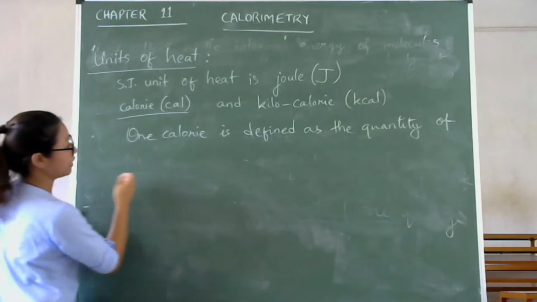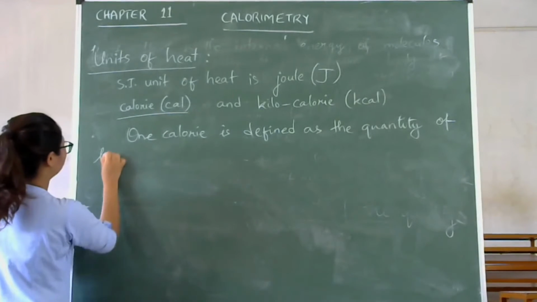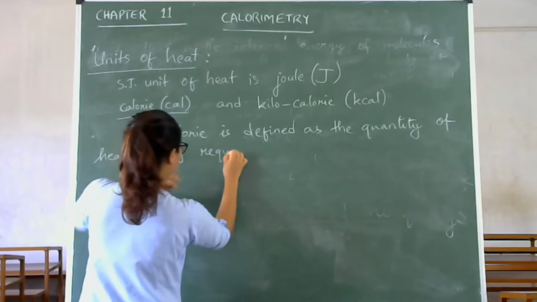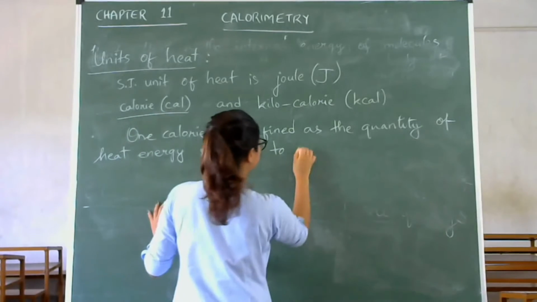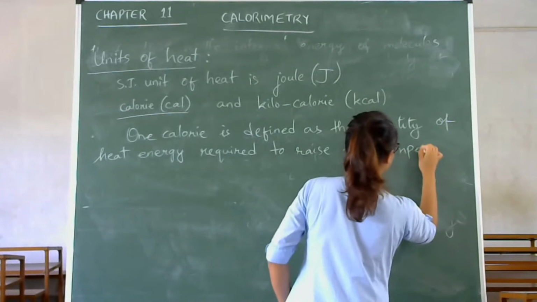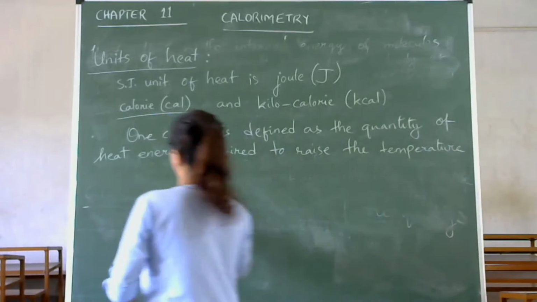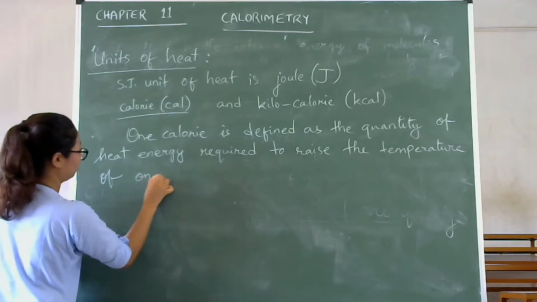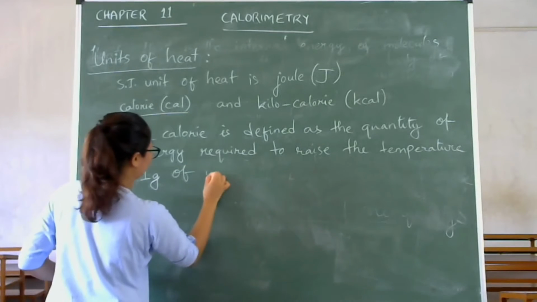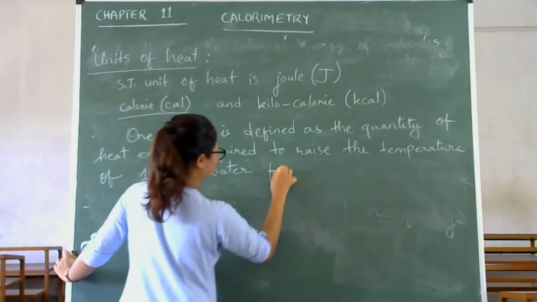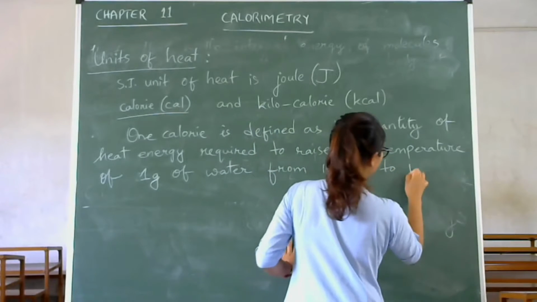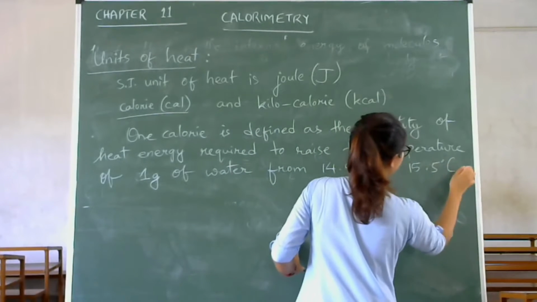One calorie is defined as the quantity of heat energy required to raise the temperature of 1 gram of water from 14.5 degrees Celsius to 15.5 degrees Celsius.